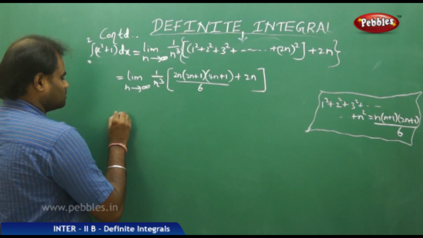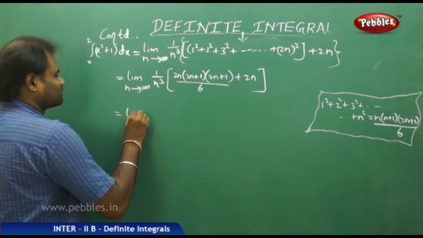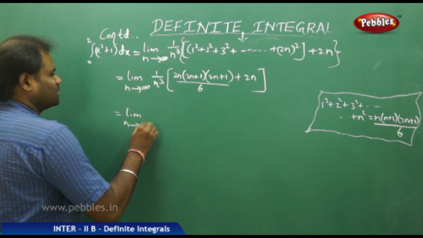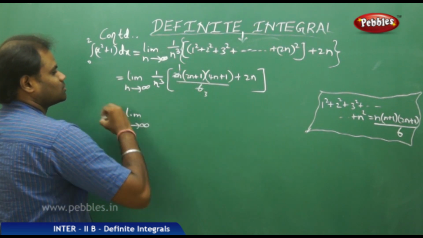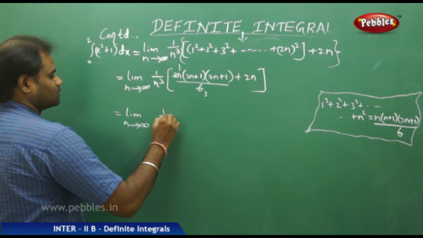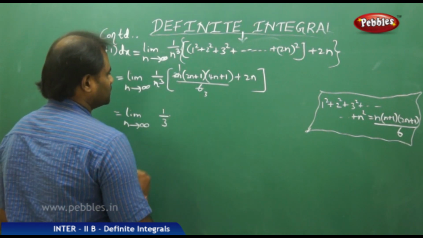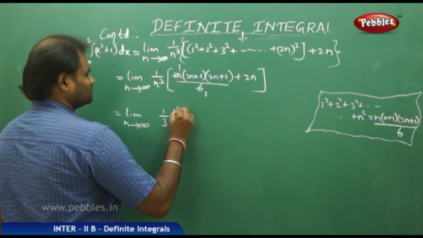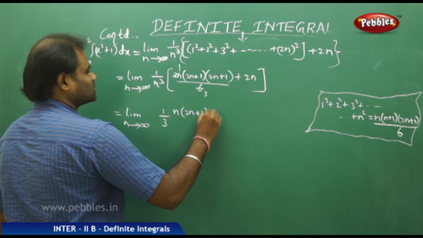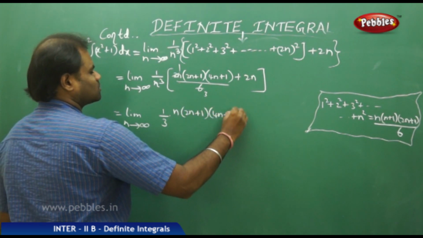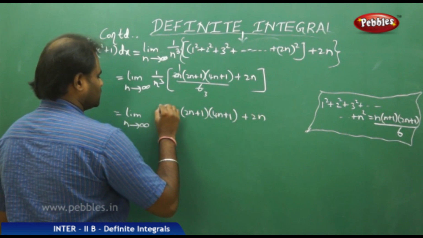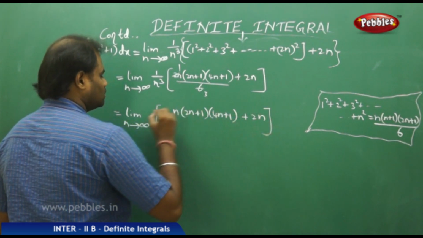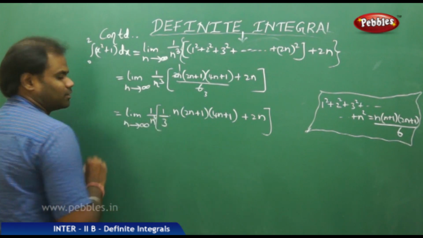Now this, on further simplification, gives limit n tending to infinity of 1 by n cubed times 1/3 of n (2n plus 1)(4n plus 1) plus 2n.